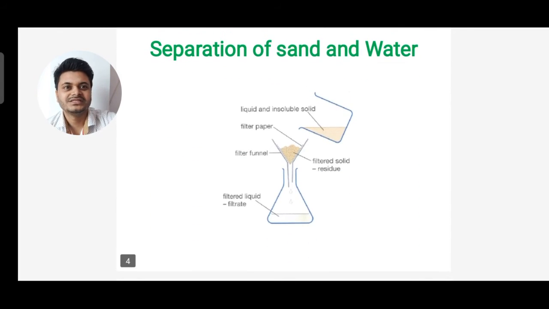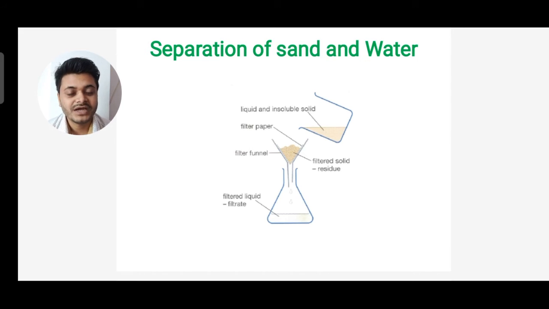You can see the steps of separation of sand and water. You can see here a liquid and an insoluble solid. The liquid is the water that I have taken, and the insoluble solid is the sand. Then you can see a filter funnel, and inside the funnel there is a filter paper. Whenever you pour the liquid and the insoluble solid, the sand will remain on top of the filter paper.